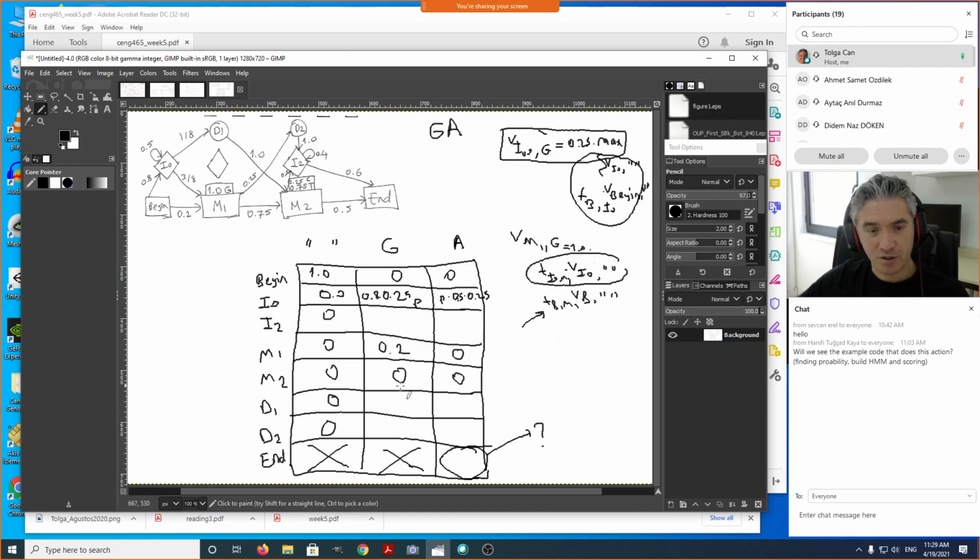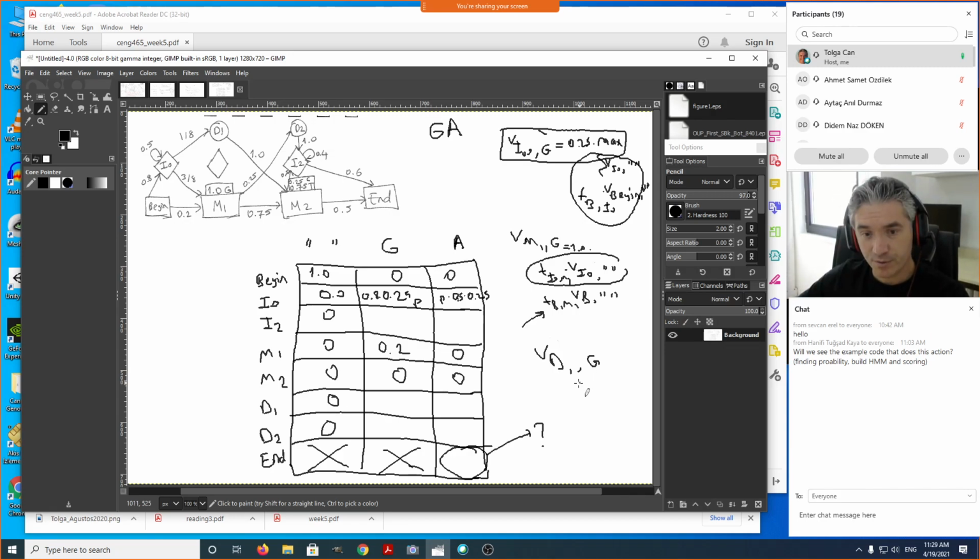All right, so after M1, I can also compute D1 directly. Its only preceding state is I0, so I already have one option. So I can also compute D1.